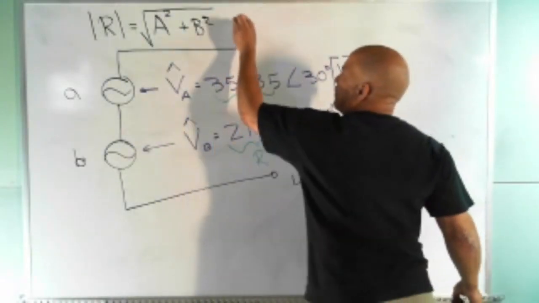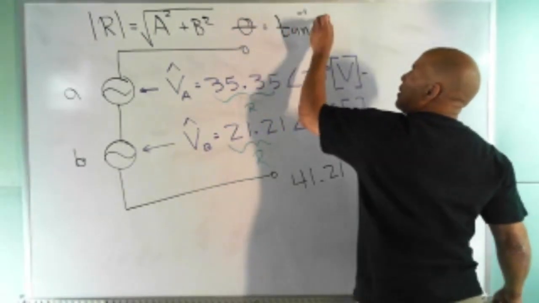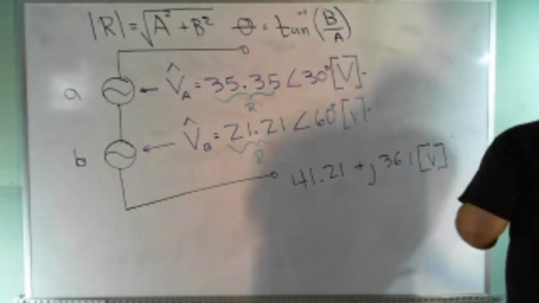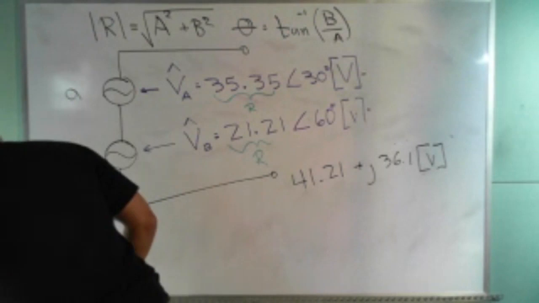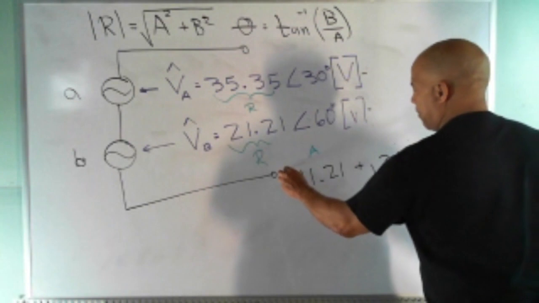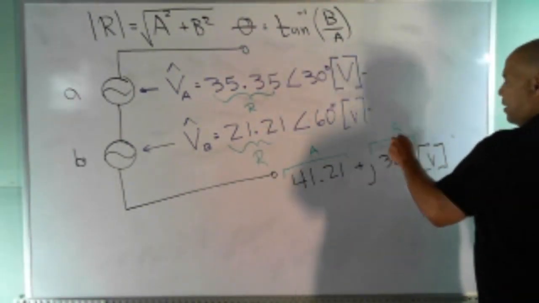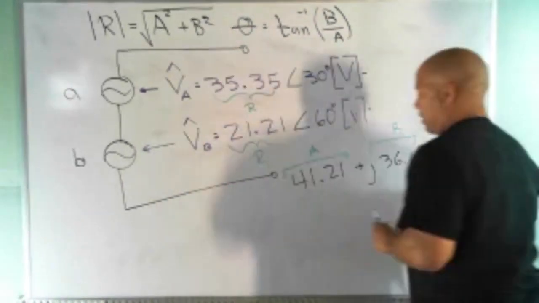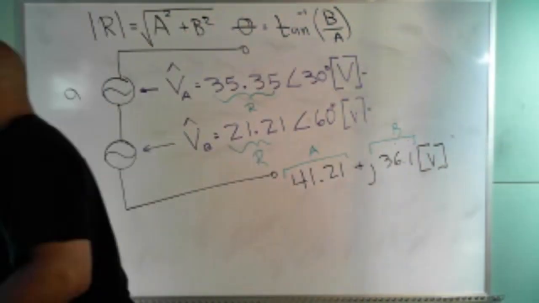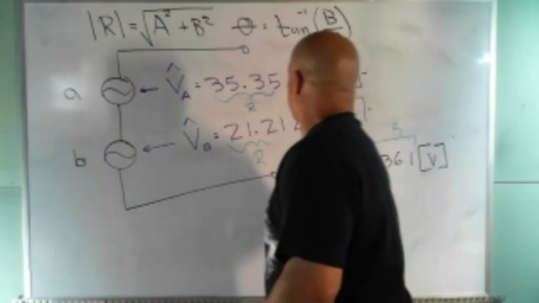And to get your phase angle, you take the inverse tangent of B over A. In this problem, this part right here is A, and this is B. So put these values in and give me the magnitude of the radius vector that represents the sum of these two instantaneous voltages. What would that be? Give me R.